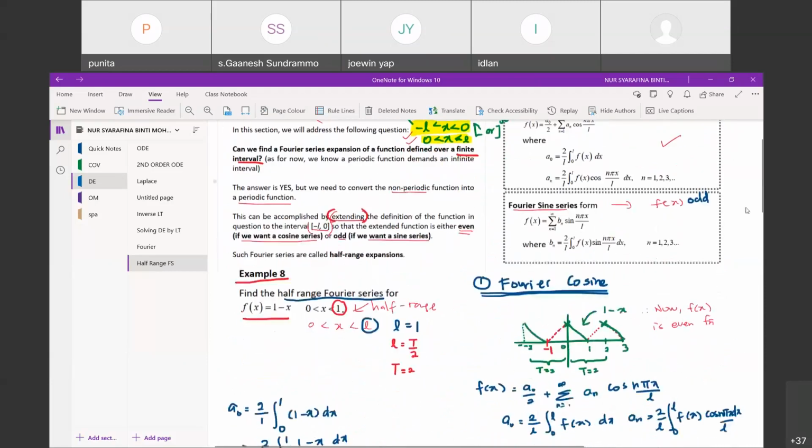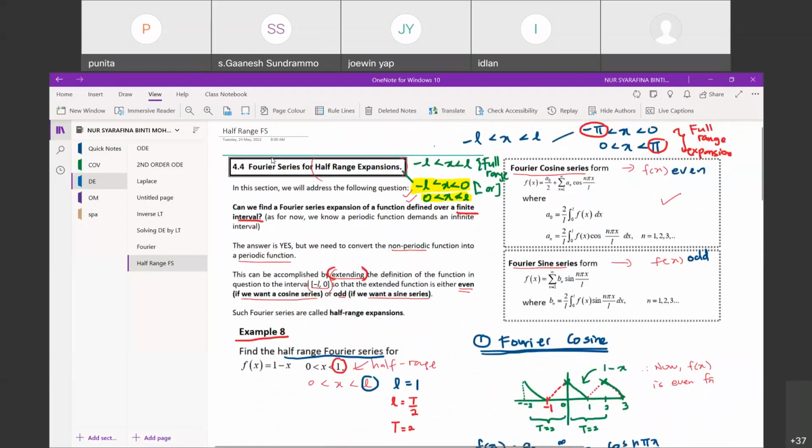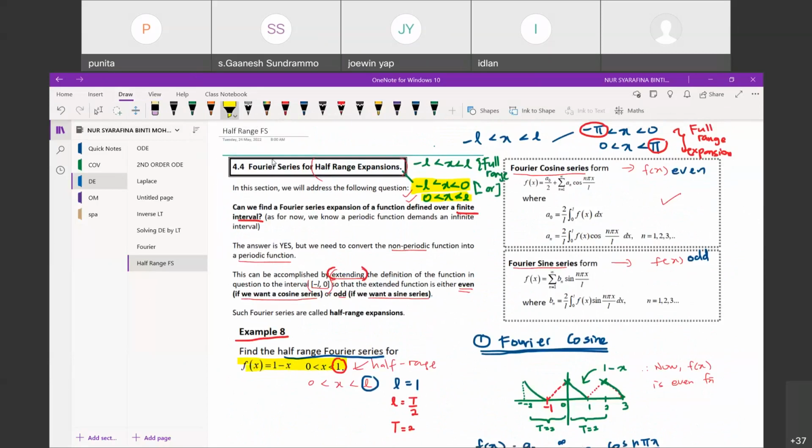All right. So, okay, again. For half range, you are given a function. That function is initially not a periodic function. Okay, and you have to know, in order to construct a Fourier series, we should have a periodic function.